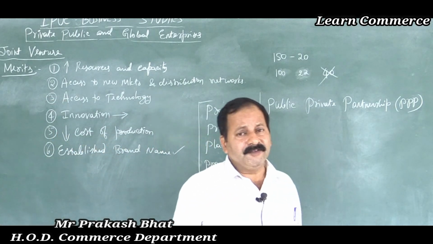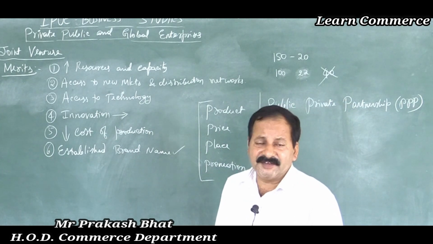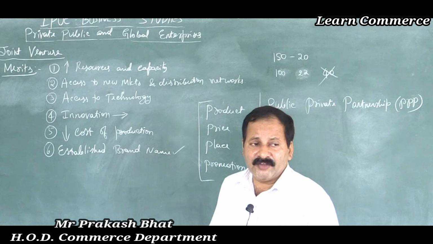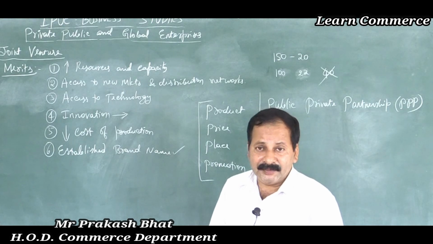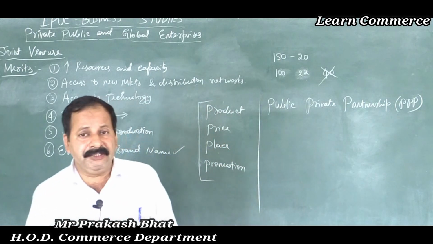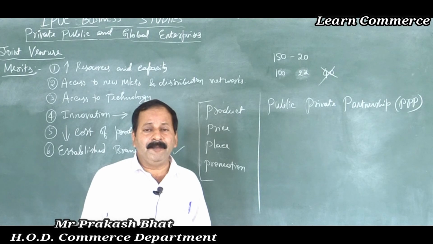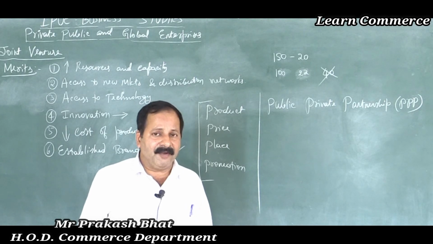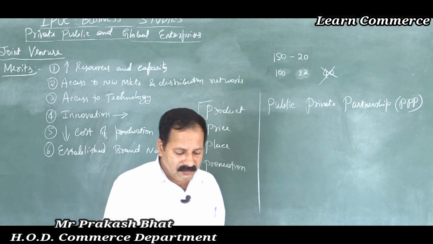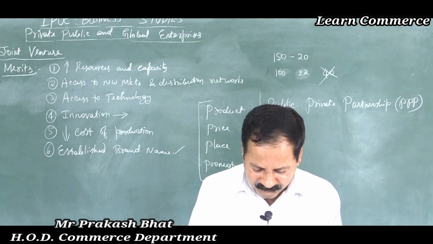So when the government joins with private enterprises and starts a joint venture, it will succeed, because there will be sharing and caring of the entities. The government departments, that is ministries, will also take keen interest, because the private enterprises will come out with new ideas, new technology, and talented people, isn't it? Committed workforce, everything will be there with the private enterprises. So this is called public private partnership.